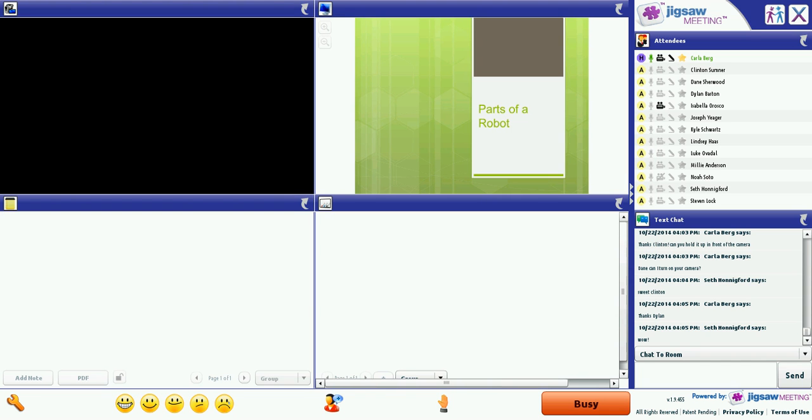Over on the top left, Isabella, where my picture normally is, your screen may be black now, or you may see your picture. Go ahead and click OK, or allow, or start, whichever comes up. All right, well, we'll let Isabella fix hers.